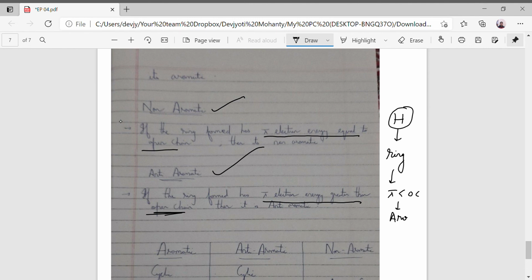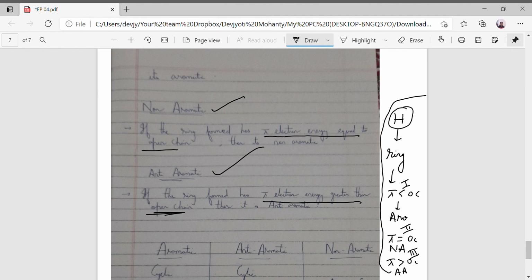But when the pi electron energy is equal to open chain, then it's non-aromatic. And if the pi electron energy is greater than open chain, then it is anti-aromatic. The process is the same, just 3 cases are there. Case 1, case 2, case 3.